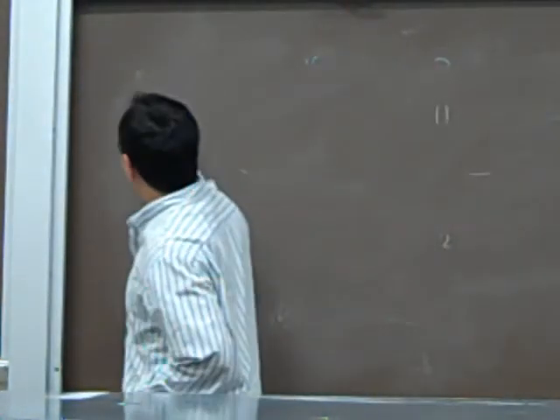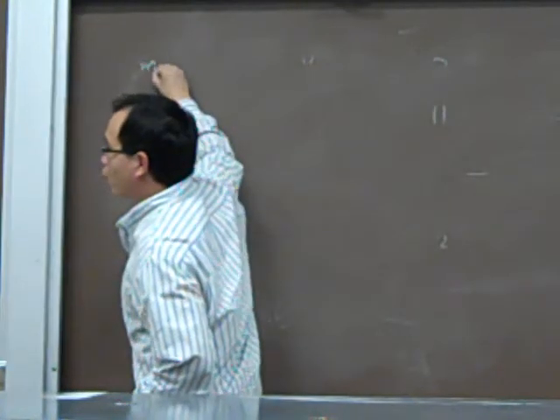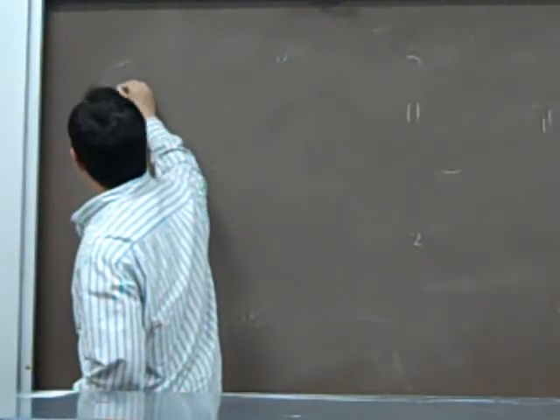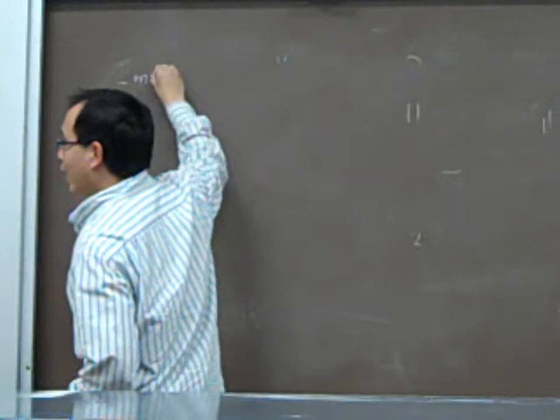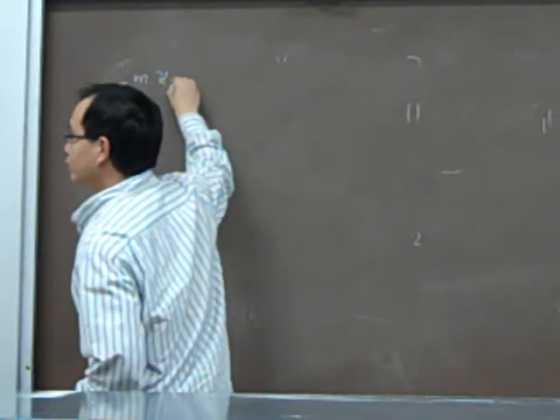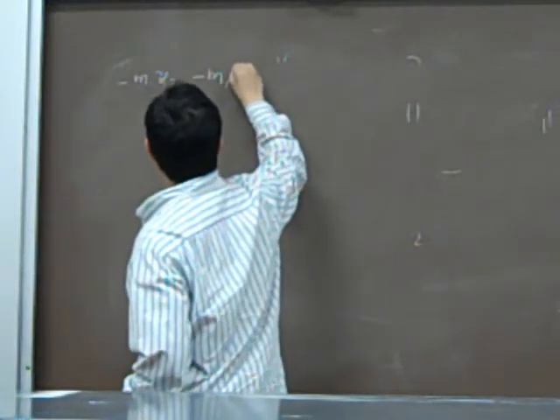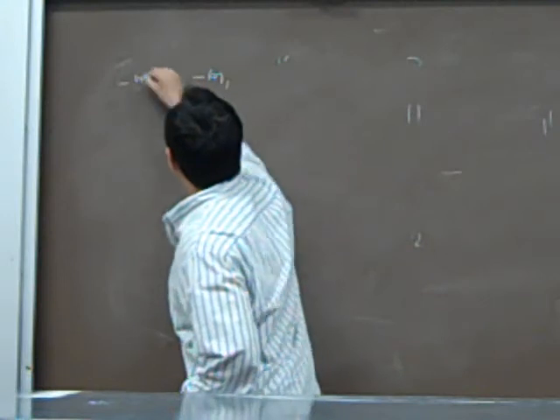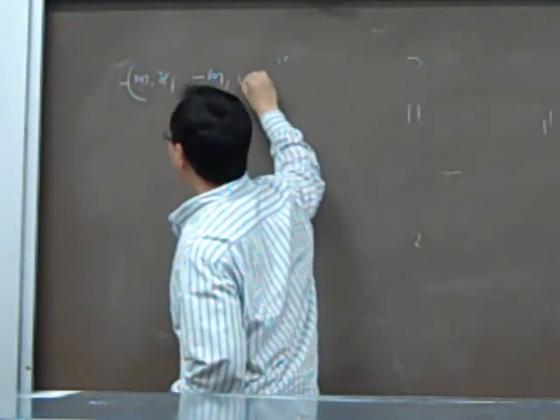And then we will write it as negative m1 u1 minus m1 v1.